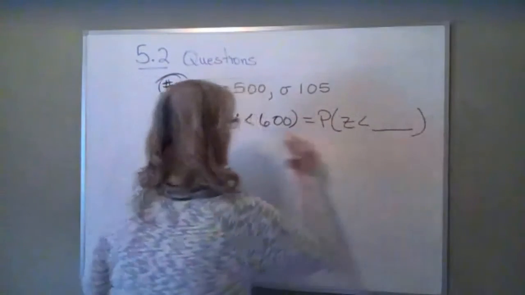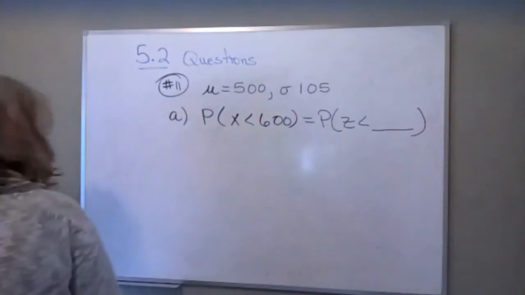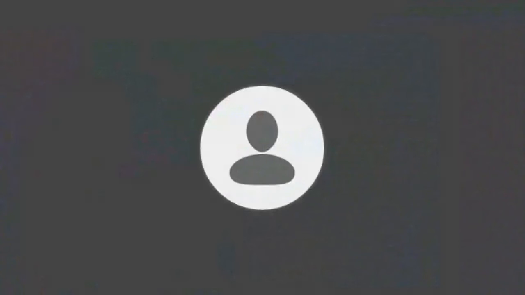So we need to find the Z-score for 600. What did you get for the Z-score? My Z-score was 0.95, which converted into 0.8289.